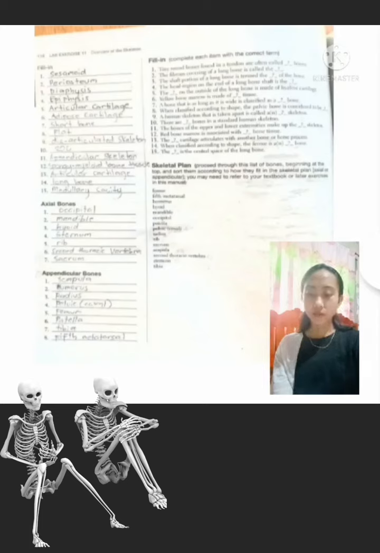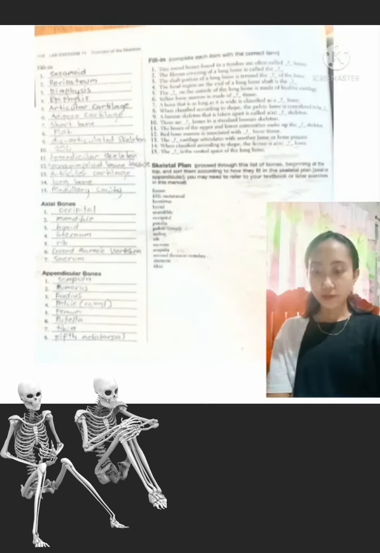And number 10, there are blank bones in a standard human skeleton. The answer is 206. Number 11. The bones of the upper and lower extremities make up the blank skeleton. The answer is appendicular skeleton. And number 12, the red bone marrow is associated with blank bone tissue. The answer is spongy, myeloid bone tissue.